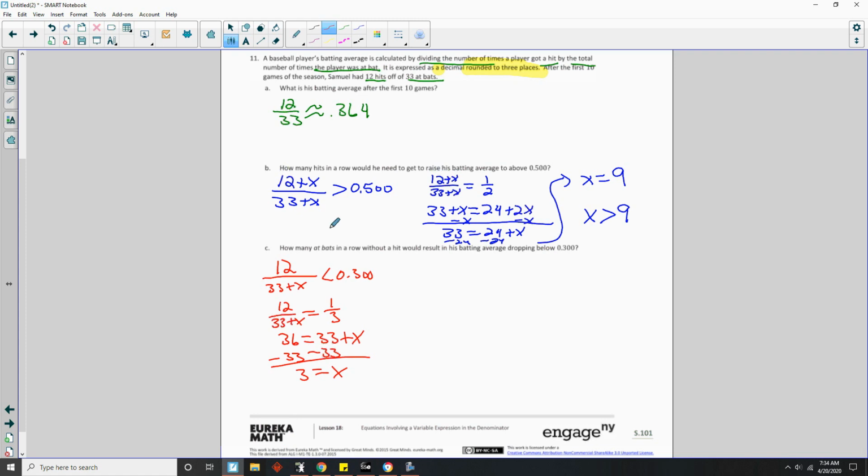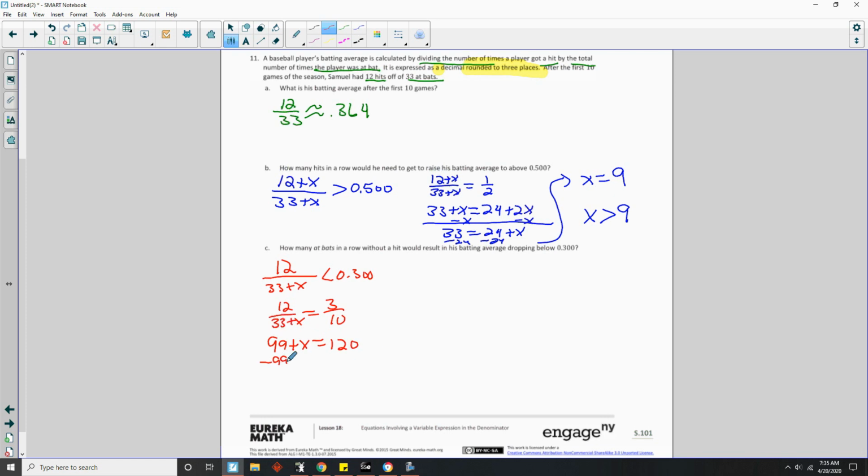Oops, I'm sorry, I made a mistake. It's not 1/3. 0.3 repeating is 1/3. I have 0.3, that's 3/10. My apologies. 3/10. Cross multiply this, and I'd get 99 plus x equals 12 times 10, or 120.